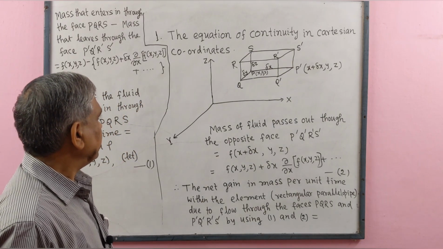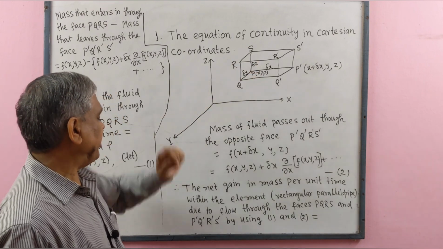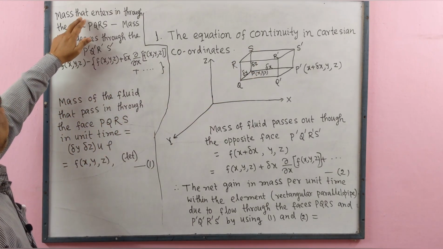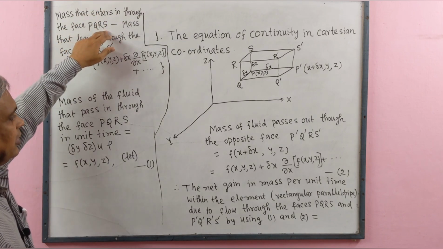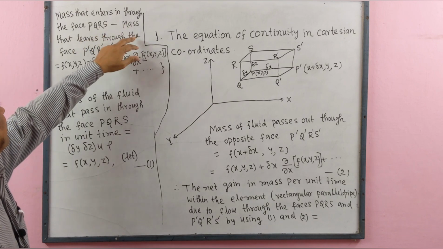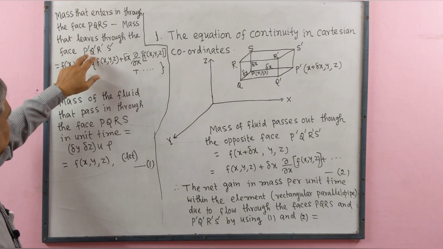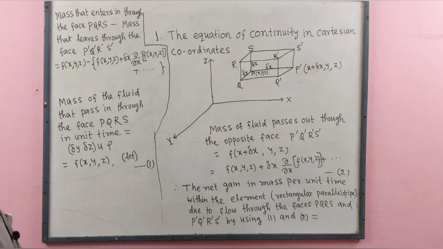So the remaining amount of the fluid inside the parallelepiped will be the mass that enters through the face PQRS in unit time minus the mass that leaves through the face P prime, Q prime, R prime, S prime in unit time.